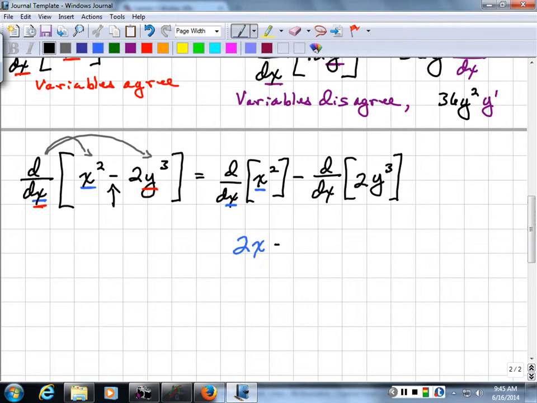I'm going to subtract from that this one. And I note that the variables disagree. So I take the derivative of 2y cubed, which is 6y squared. But since the variables disagreed, I must indicate that disagreement in my answer. And that is the derivative. So I should put an equal sign in front of it.